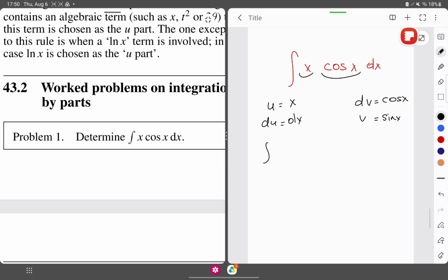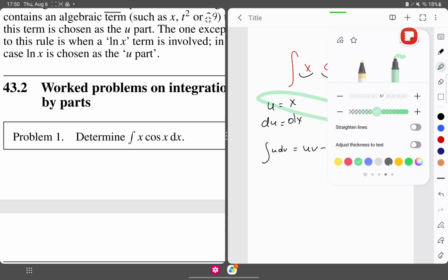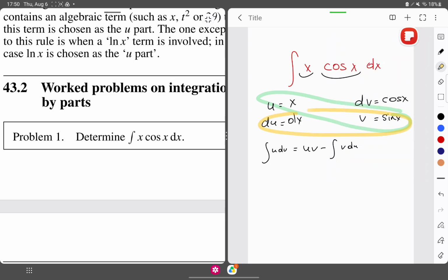So our formula is the integral of u dv equals uv minus the integral of v du. Okay, u dv is this one. And our math professor says: firstly do this and then do this.